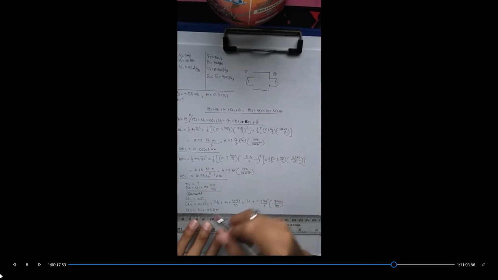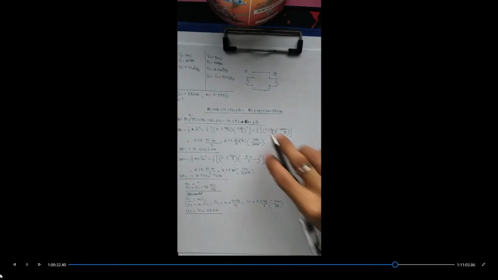So therefore, my internal energy 2 is internal energy 1 plus 45 kilowatts. I've already solved for my kinetic energy 1 and 2, and my internal energy 1 and 2 are already done.